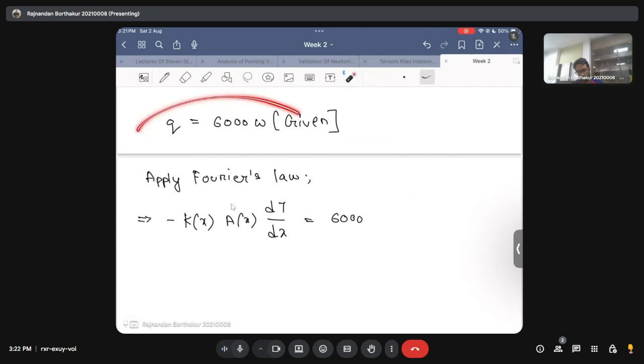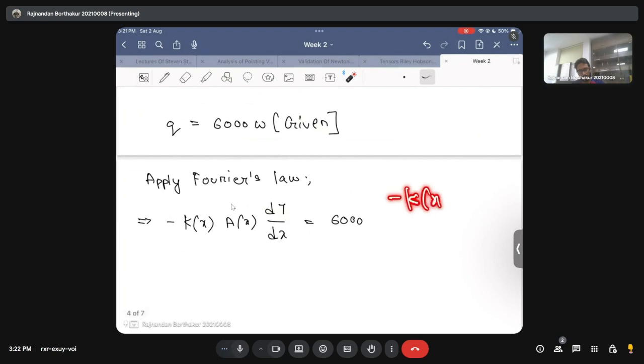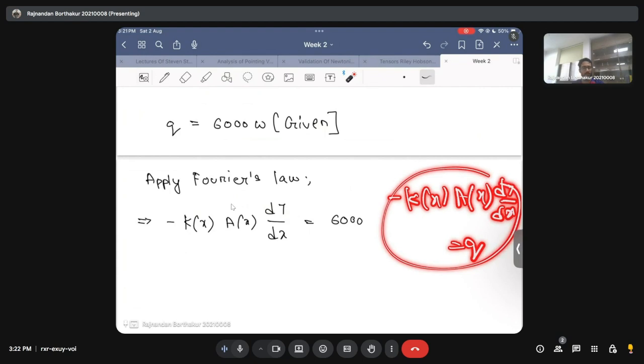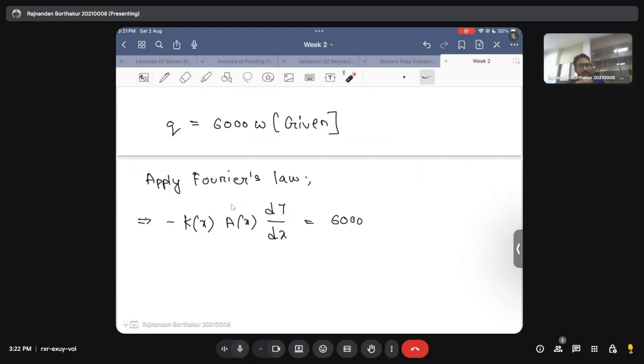Okay, so the way we got this particular form is just by applying Fourier's law. When I say that Fourier's law is equal to minus k, which may be a function of x, times Ax times dT/dx, equal to the rate of heat transfer, if you remember the analysis that we did in the last class, this form of Fourier's law is valid whenever we consider the heat transfer to be one dimensional.